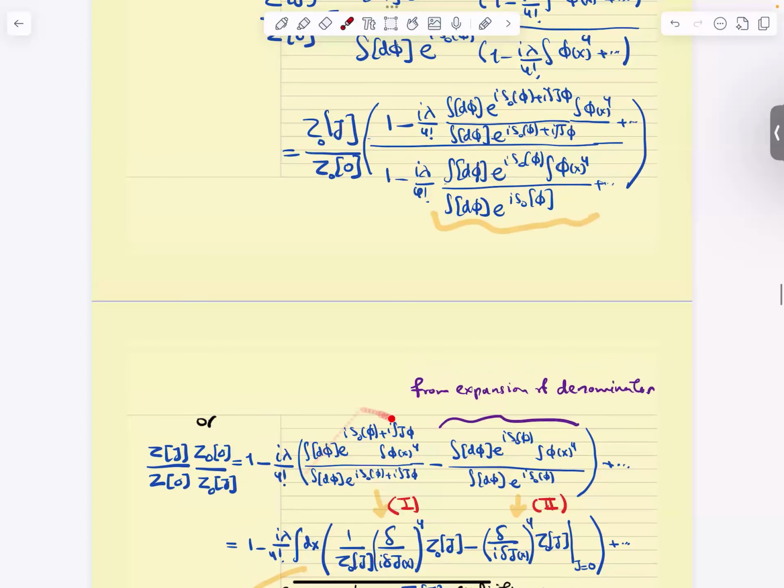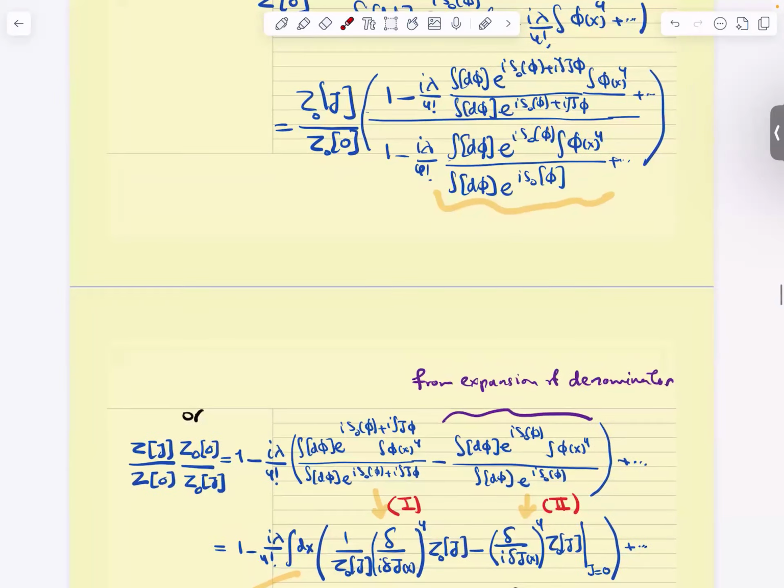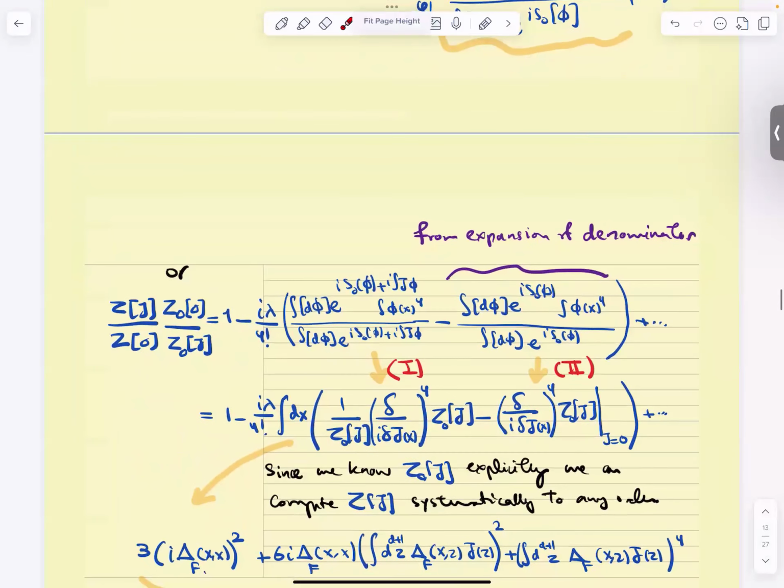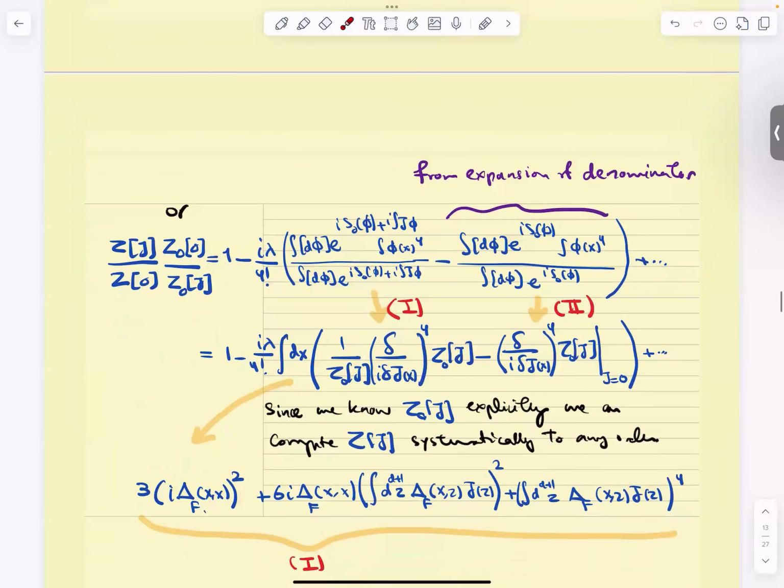So this piece is the numerator. This piece is the denominator. There's an extra minus sign because I'm inverting this, bringing lambda to the numerator. Good. So there are these two terms. Are there questions here?